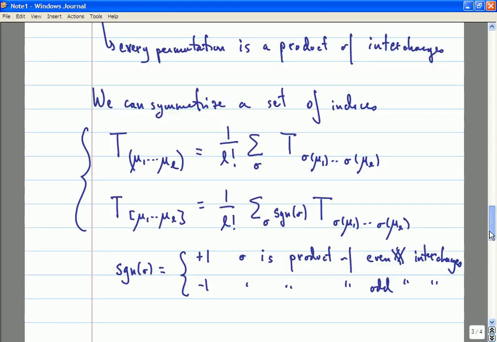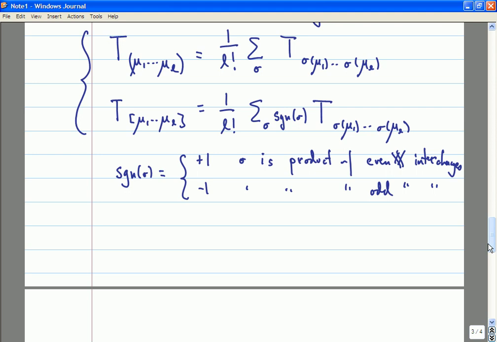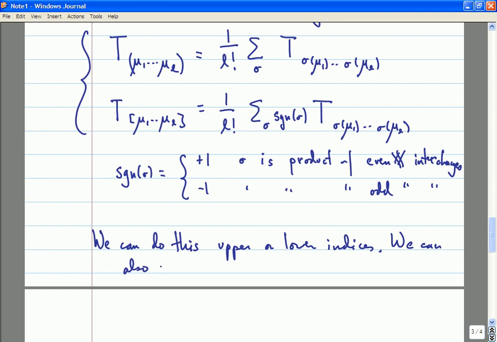And of course, although I've written here the symmetrization and the anti-symmetrization of a collection of lower indices, we can symmetrize or anti-symmetrize upper or lower indices, and if we want to, we can also anti-symmetrize or symmetrize only a subset of the indices.